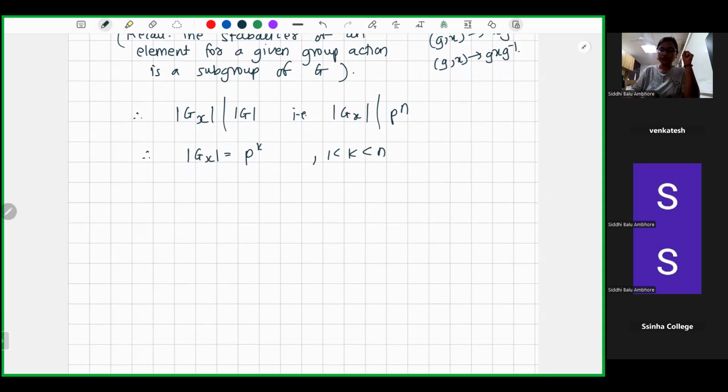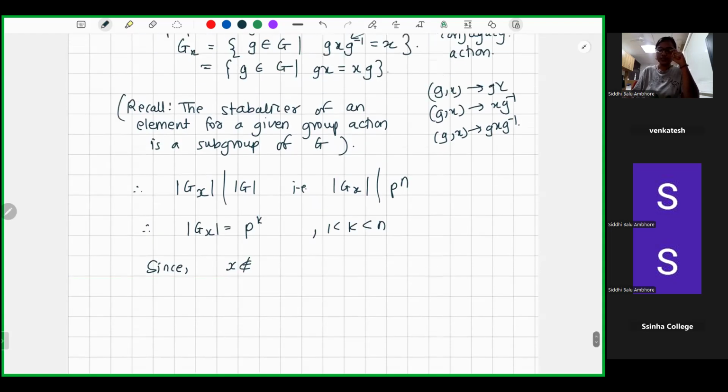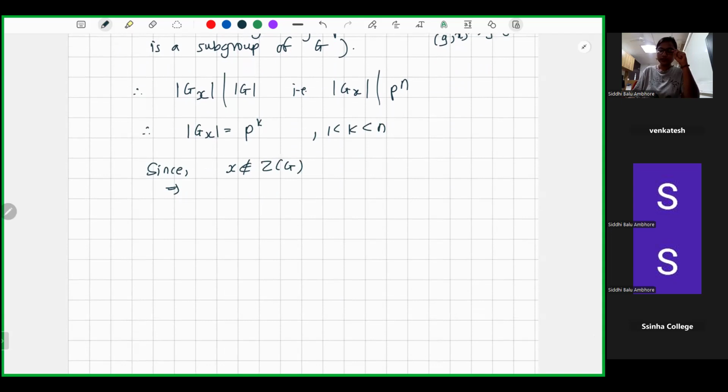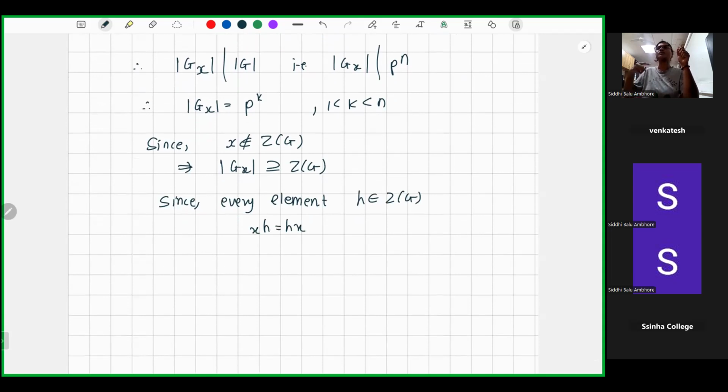Is that okay? And since x does not belong to Z(G), this implies that G_x properly contains Z(G), because for every element h in Z(G), xh will be hx, right? Because it is in the center.